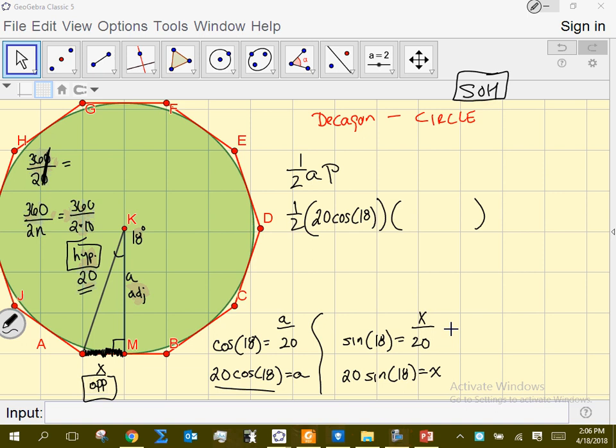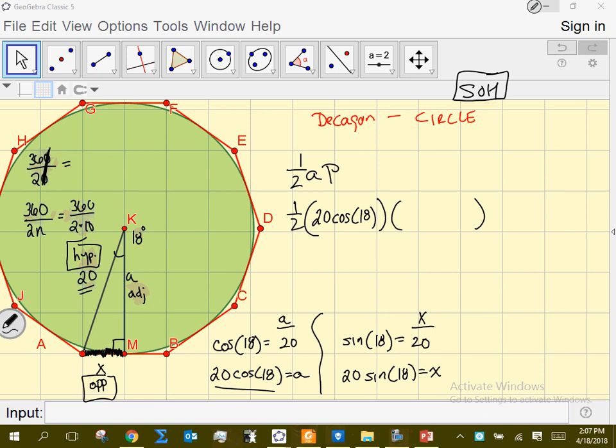All right. What do I need to do to that x to get a side length of my decagon? Times it by 2, so that will give me one side length of my decagon. So keep that in mind. We multiply it by 2. If I multiply it by 2, that gives me a side. What do I need to do to that to get the perimeter? Multiply it by 10. So ultimately, I'll be taking this number, doubling it, and then multiplying it by 10.